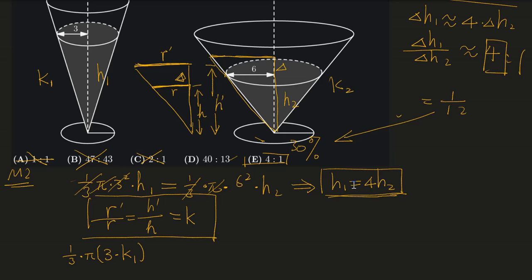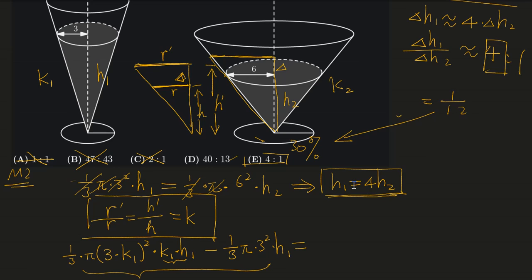We need to square this, times k1 times h1, which is the new height, right? And the whole thing minus the original volume, which is 1/3 times pi times 3 squared times h1. So this is the volume of the marble.